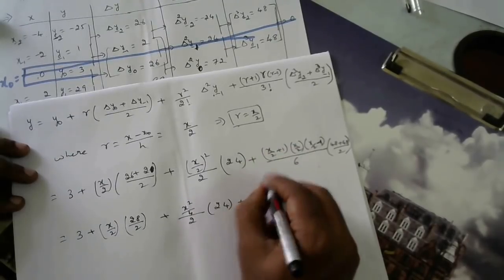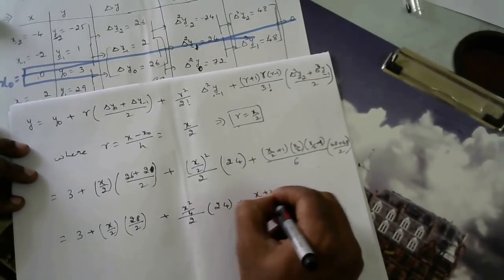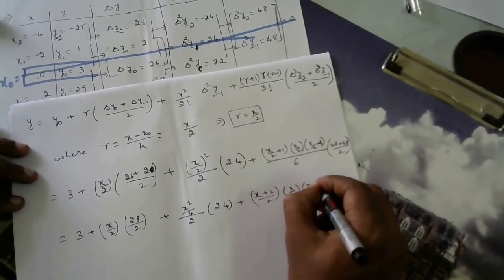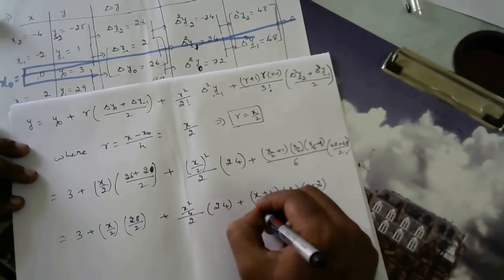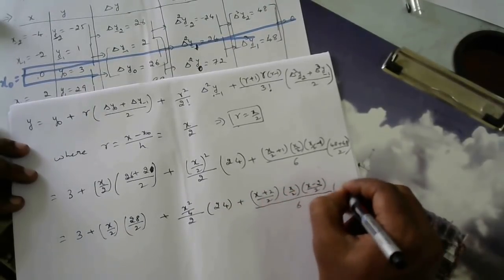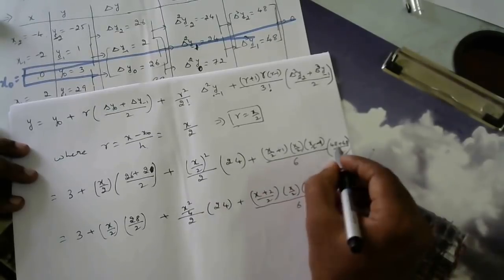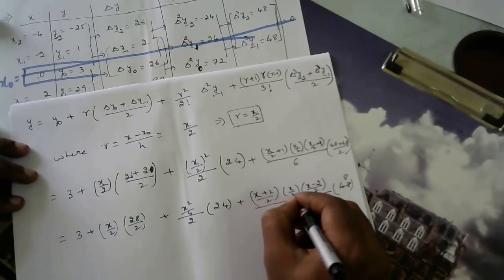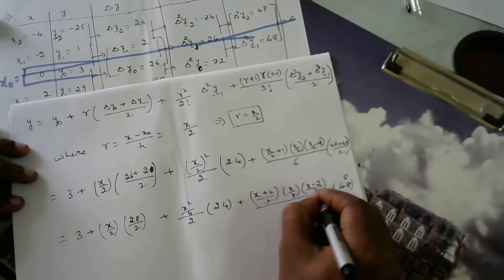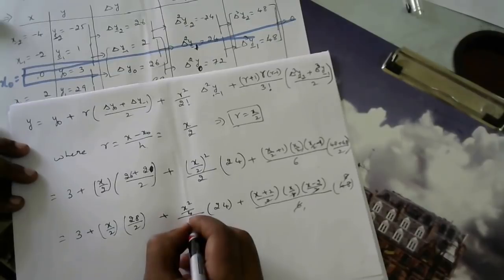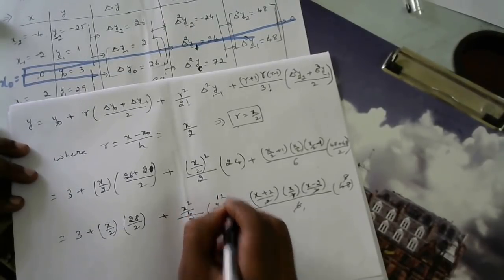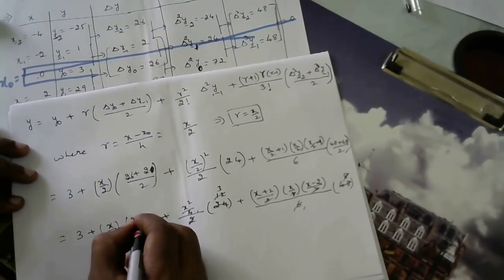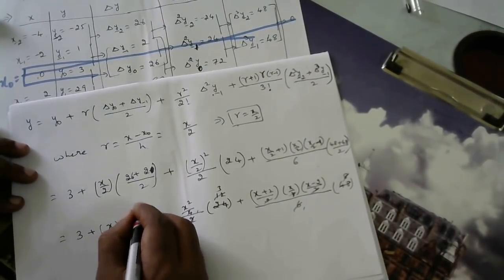Plus, taking the LCM, x plus 2 divided by 2 into x by 2 and x minus 2 divided by 2, whole divided by 6, into the average, which is 48. 6 8s are 48, 2 2s are 4, 4 2s are 8, so all get cancelled here.